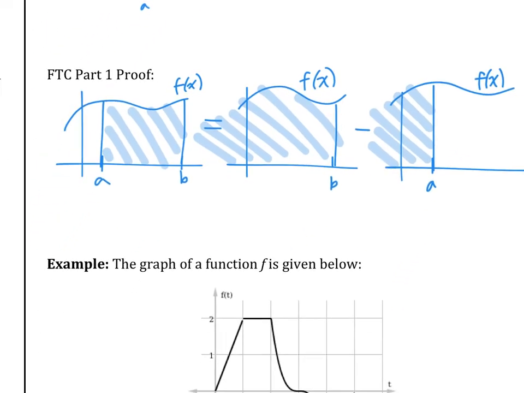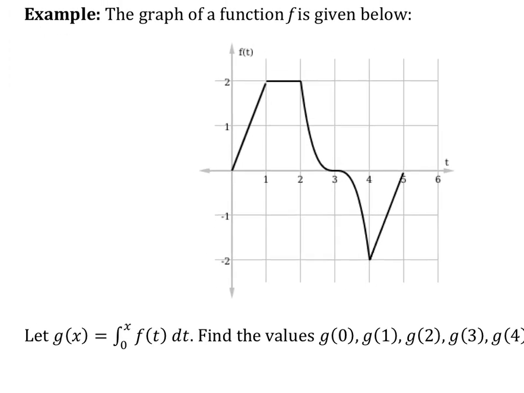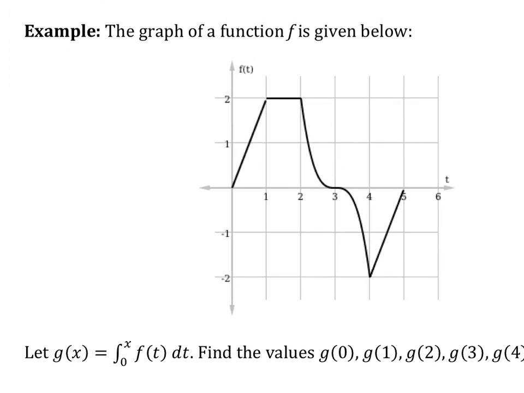All right. Let's look at an example. Okay, so this graph here is f of t. And they tell you that g of x is the integral from 0 to x of f of t.